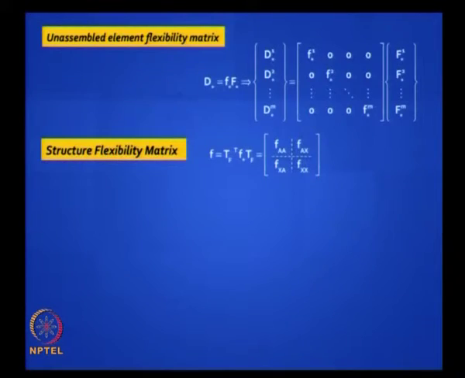So, structure flexibility matrix, the same transformation, but now this TF can be partitioned as TFA, TFX, and so your F also, the flexibility matrix, you can partition as FAA, FAX, FXA, FXX.